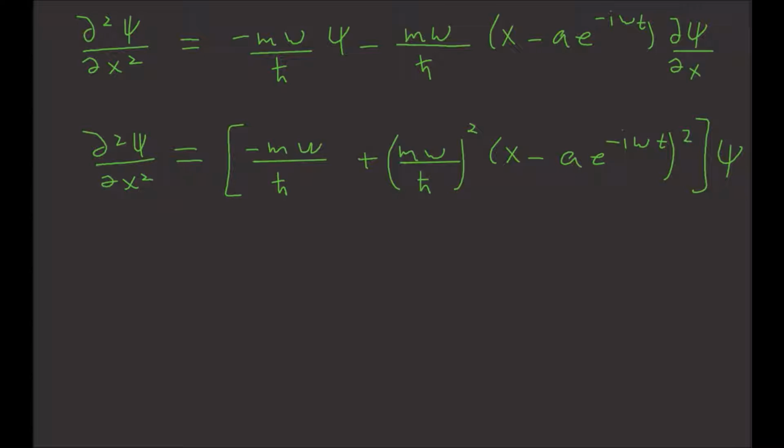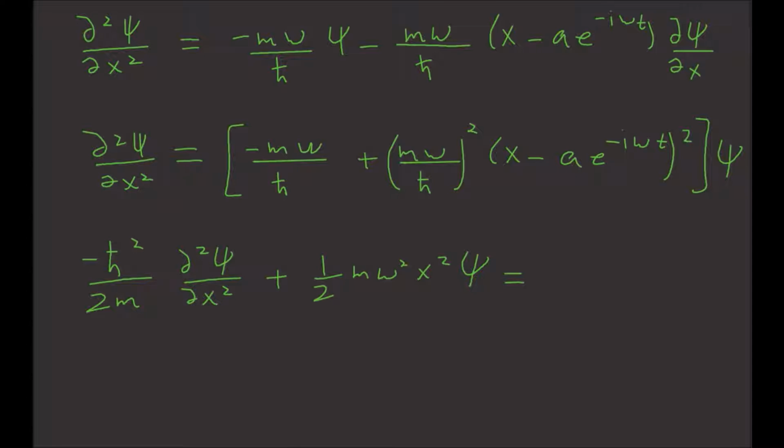So now let's look at the harmonic oscillator equation. So we have minus h bar squared divided by 2m times the second derivative of psi with respect to x plus the potential energy, which is 1/2 m omega squared x squared times psi.